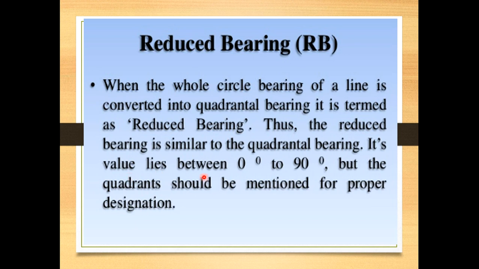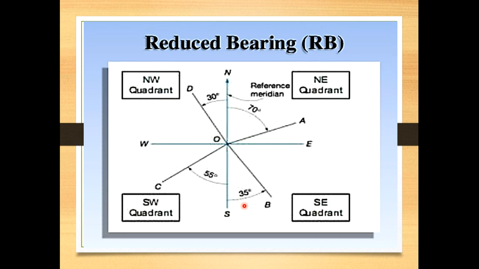Its values lie between 0 degree to 90 degree, but the quadrants should be mentioned for proper designation. See here, reduced bearing in any quadrant, NE, SE, SW and NW, and their angles are here.